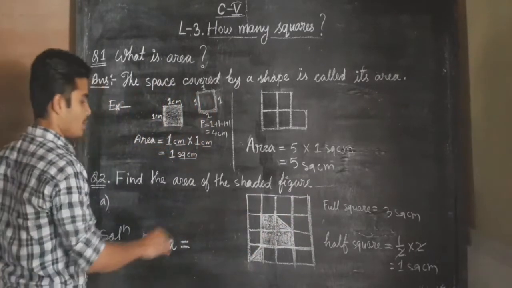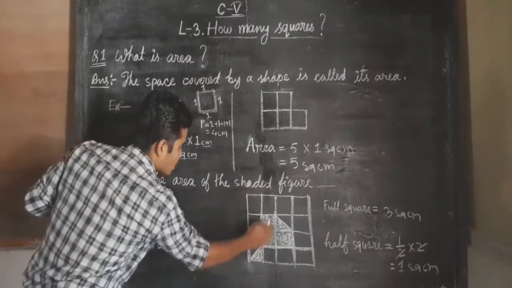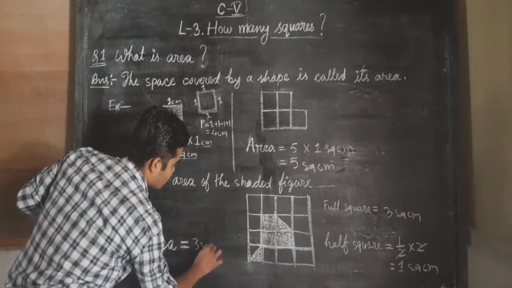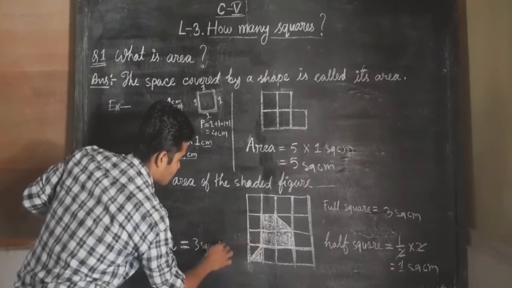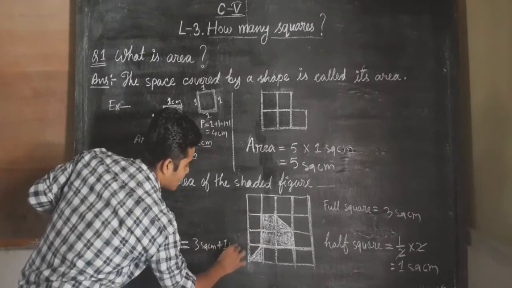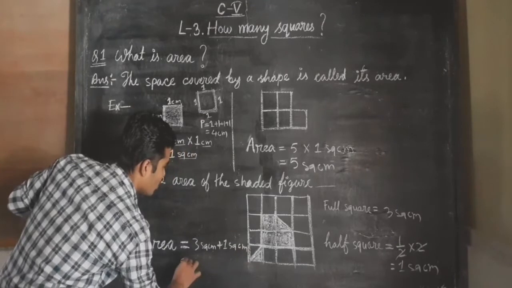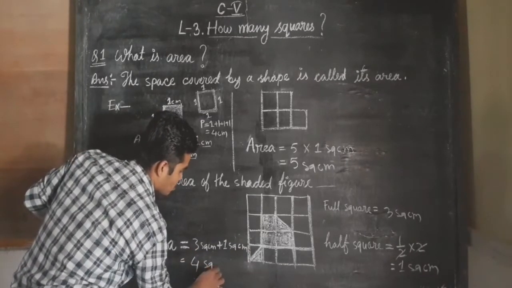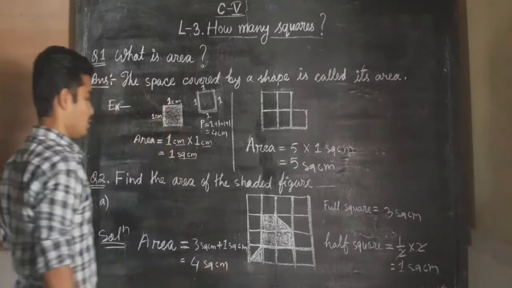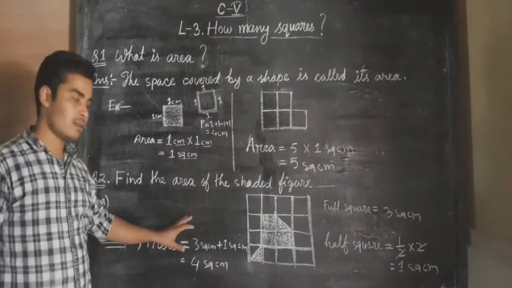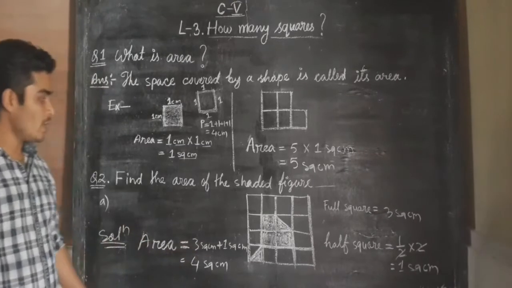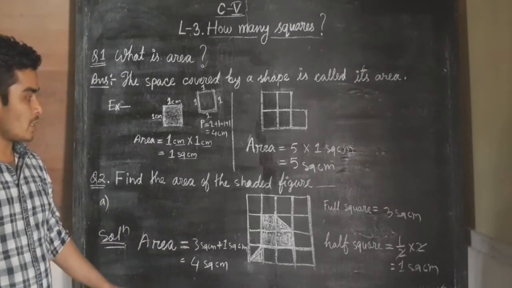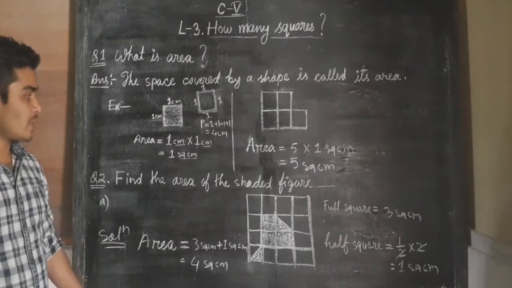Then the area of this shaded figure is 3 square centimeters plus 1 square centimeter for the 2 halves. So total we got 4 square centimeters. This is how we find the area of a figure which is not special in shape.